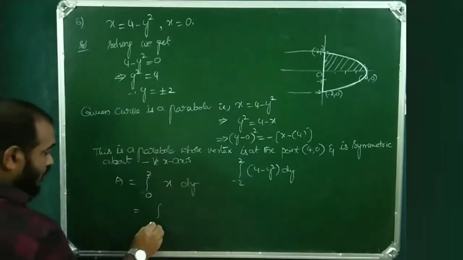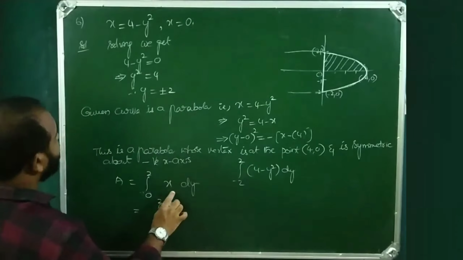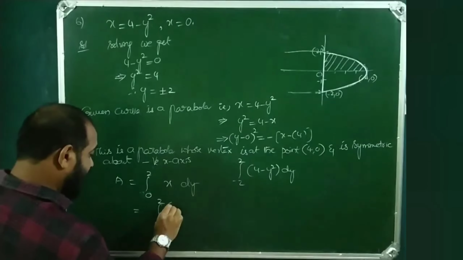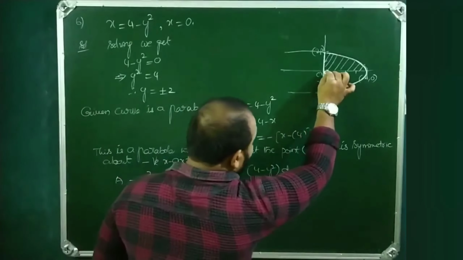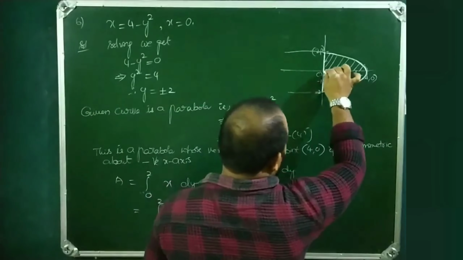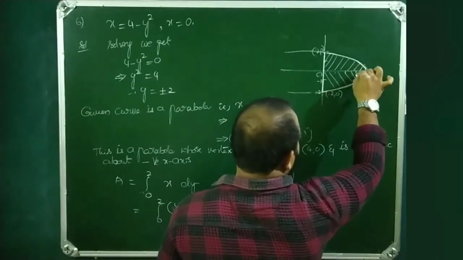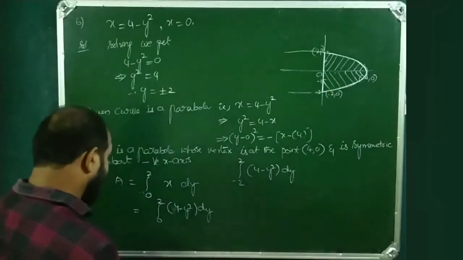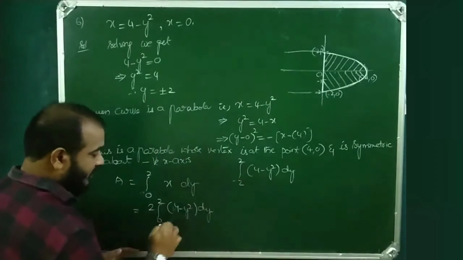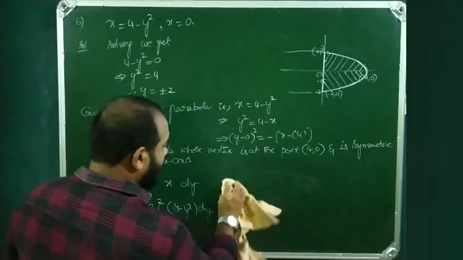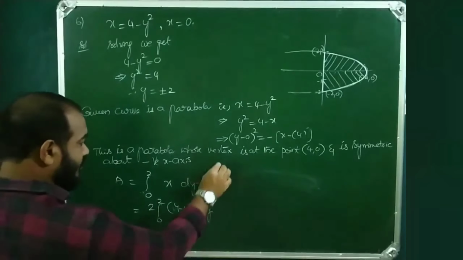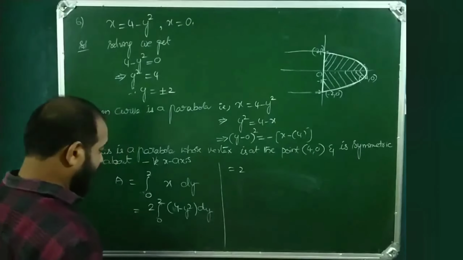So 0 to 2 of (4 minus y square) dy, into 2, also gives this area. So both are equal. So I am just rubbing this. Now let us try to do this. This is equal to 2.